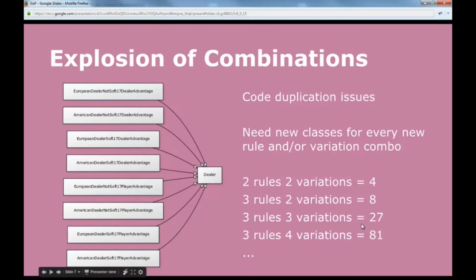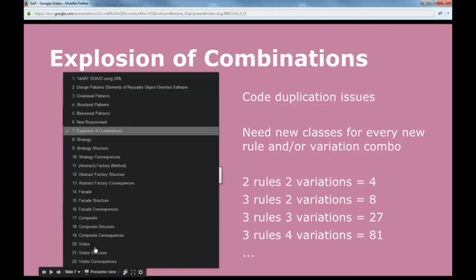And if we invent 3 variations, then we need to implement 9 in our design versus 27 if we use inheritance. And if we invent 3 rules with 4 variations, it's 3 times 4, so 12 instead of 81. So composition in this case is really powerful.